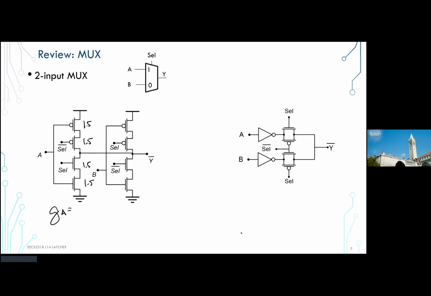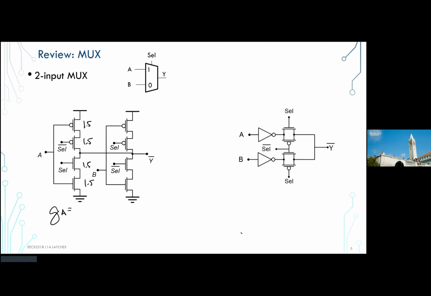So if this is size 1.5, 1.5, 1.5, 1.5, what's the logical effort of the input A? So it is 3 divided by the input capacitance of a unit inverter, which is 2, which is 1.5.